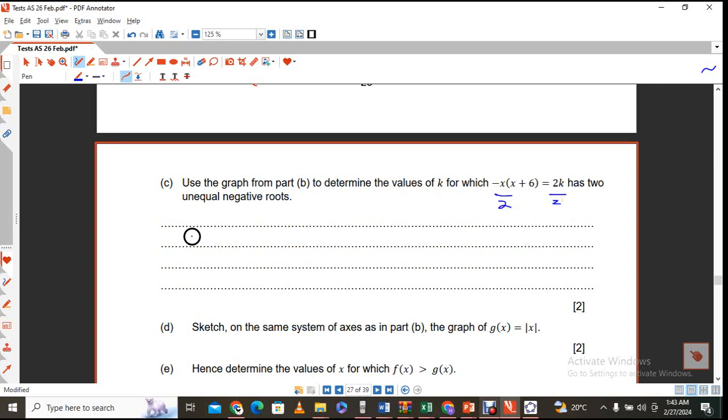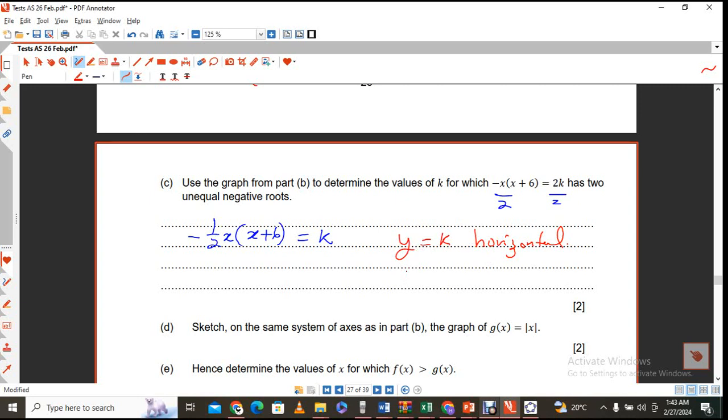And if I do that, I'll have negative a half of x plus 6 equals to k. So this k now means a certain value because it's in the place of y. So y equals to k, which means it's a horizontal line that we need to draw because horizontal lines are in the form y equals to k, where k is some constant.